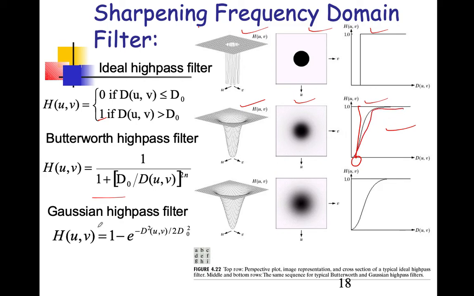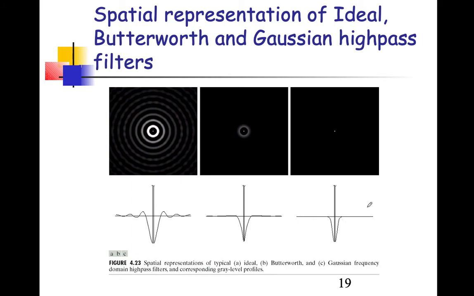The same way, when you go for Gaussian high pass filter, the expression is given as h of u comma v equals 1 minus e to the power of minus d square of u comma v divided by 2 d naught square. This is the outcome of your Gaussian high pass filter, and these are all the results of Gaussian high pass filter.